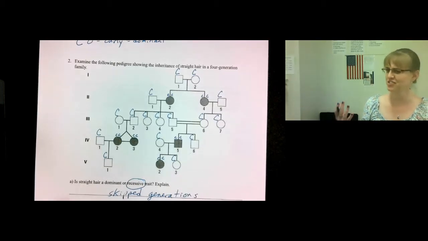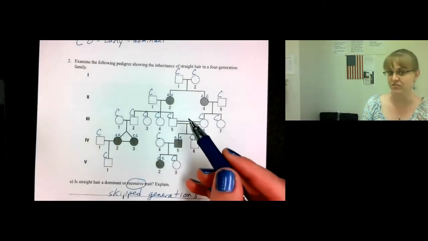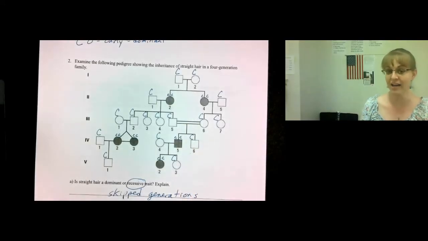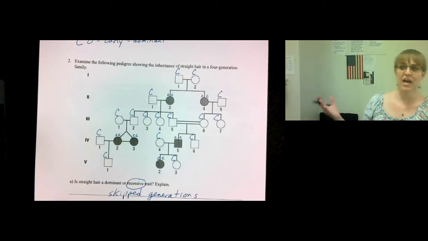Now, if it's just straight hair or curly, no big deal. What if that recessive trait was like the gene for low oxygen and your kids ended up being blue like the Fugate family? They happened to have a very rare recessive trait. They got married, they weren't related, the first couple was not related.